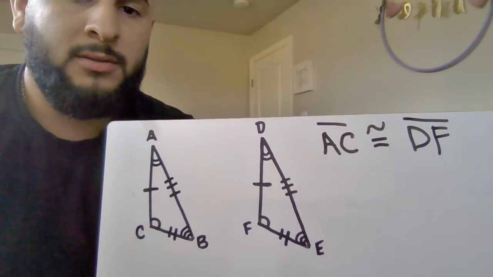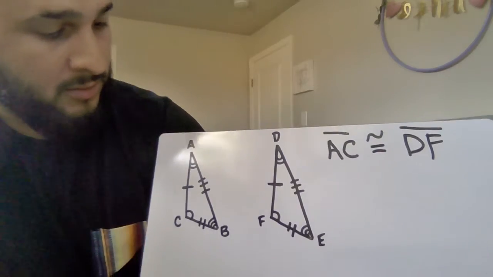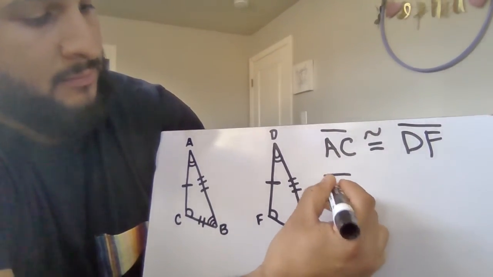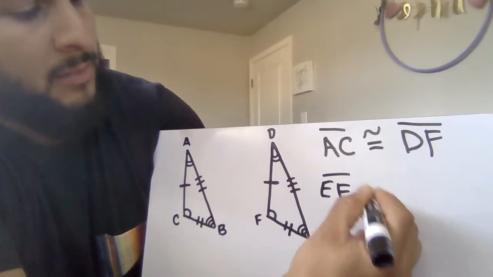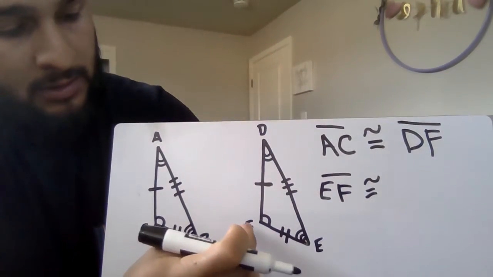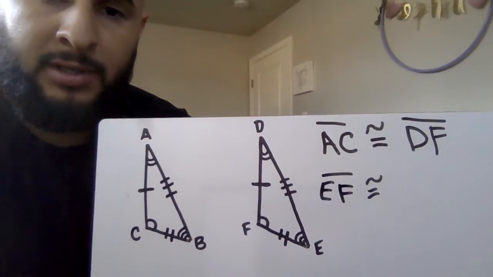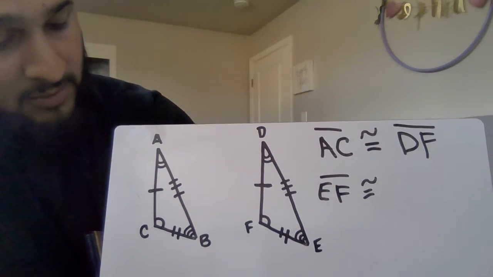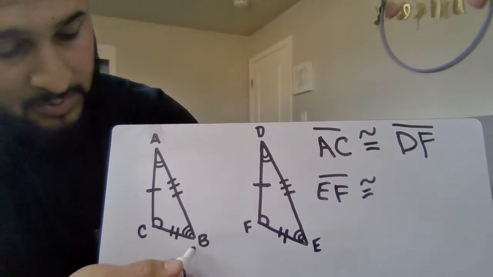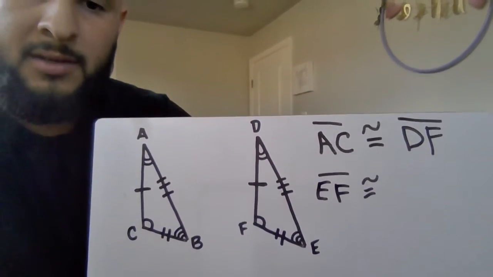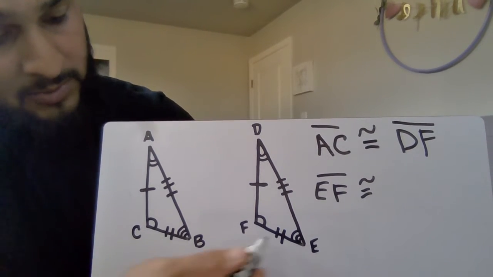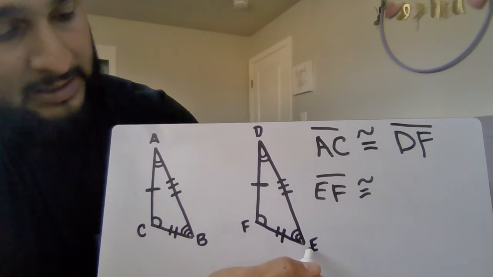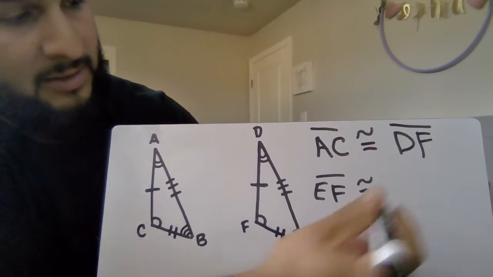Okay, now what about, let's say, EF? EF is congruent to which line over here in the first triangle? Well, it has to be BC, not only because it has two hash marks, but also because I started with E here, so I have to start with B here, the same angle.